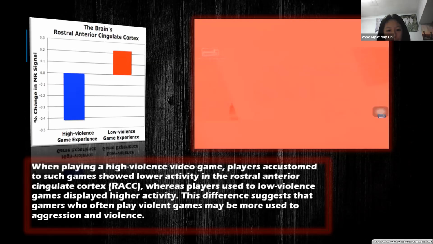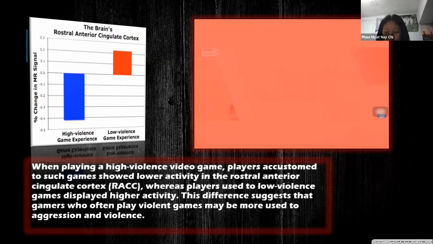Whereas gamers who play highly violent video games are more used to aggression and violence. Similarly, some researchers have shown that even 10 to 20 minutes of playing violent games increases activity in brain regions associated with anxiety and stronger emotional reaction, which means they have better chances of having mental breakdowns and anger issues.